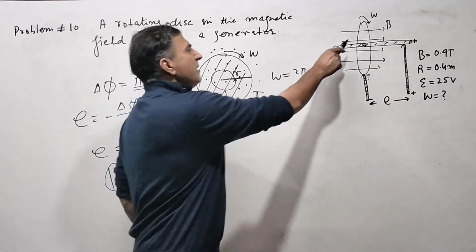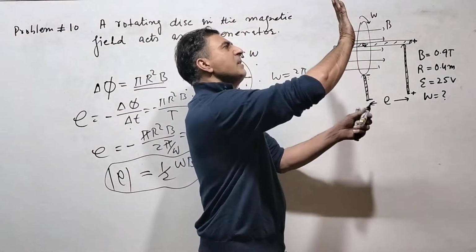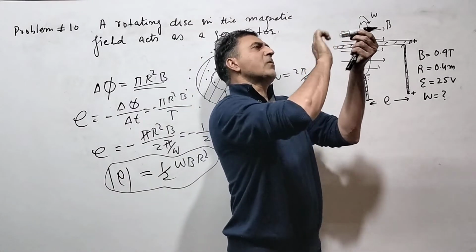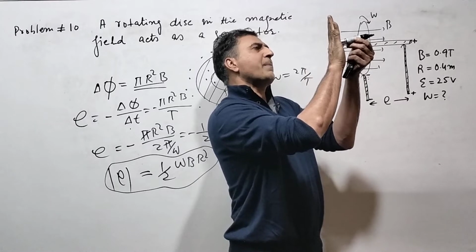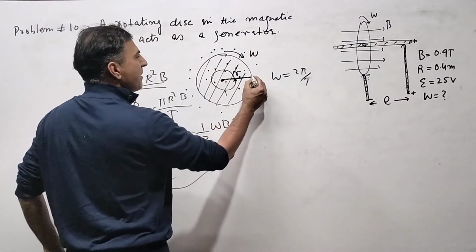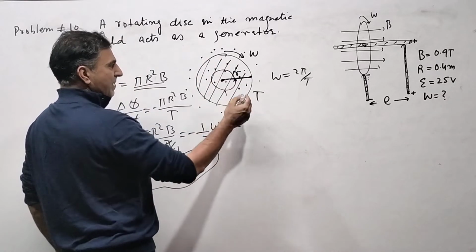This is the induced EMF. I mean, if this disc rotates in the magnetic field, it will produce the induced EMF between what and what? Between the center and the periphery, because of this mechanism.